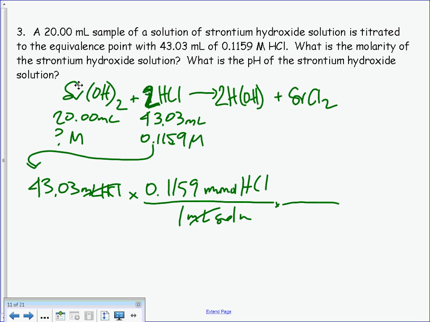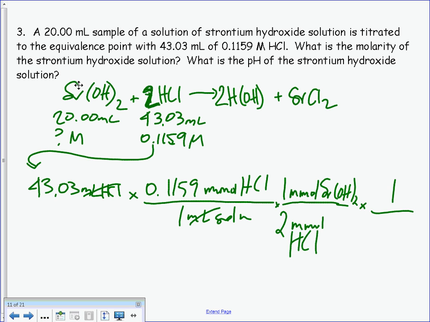So what's going on top? 2 HCl. No, top. 1 HCl. So 2 millimoles of HCl on bottom. And what goes on top? 1 Sr. So 1 millimole of strontium hydroxide on top. Okay, so then is it okay if I go ahead and do the division by the volume instead of stopping at millimoles and then dividing by volume? I'm just going to do it in one swoop.